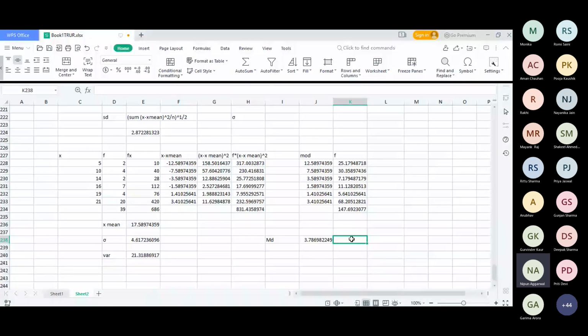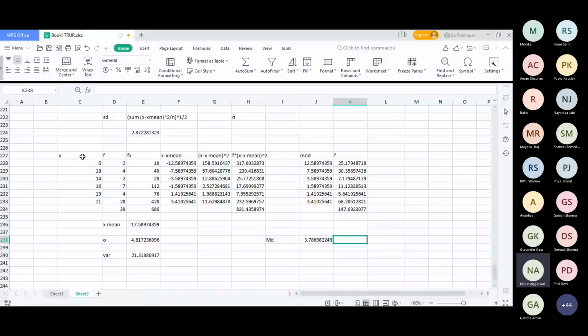Now for the continuous grouped data, the only difference is the calculation of the midpoint. Once you have calculated the midpoint, that m will be replaced with this x, and the rest of the question will remain the same. So again, you have to calculate fm, then m minus m mean square and all that. Whatever the x in the question was will be replaced with m after calculating the midpoint.